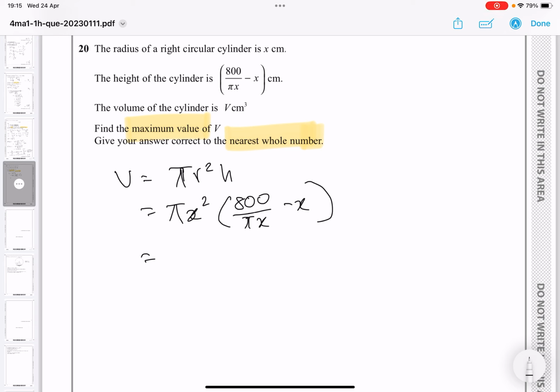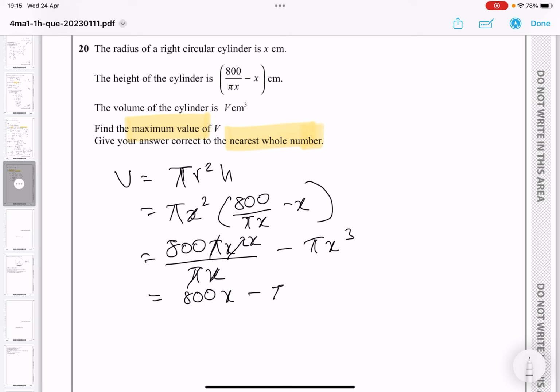Pi x squared multiplied by 800 over pi x gives 800 pi x squared over pi x, minus pi x squared multiplied by x, which is pi x cubed. Now we can simplify this. The pi's cancel out, the x can divide, so that simplifies to 800x minus pi x cubed. So that's the volume of the cylinder.